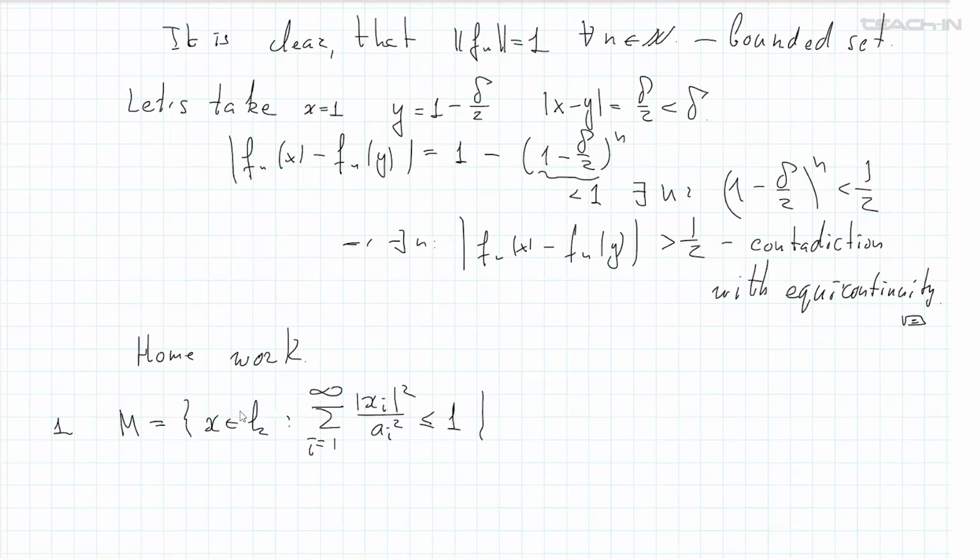Show that it is precompact if and only if the sequence a_i belongs to c_0, that is, it tends to 0.